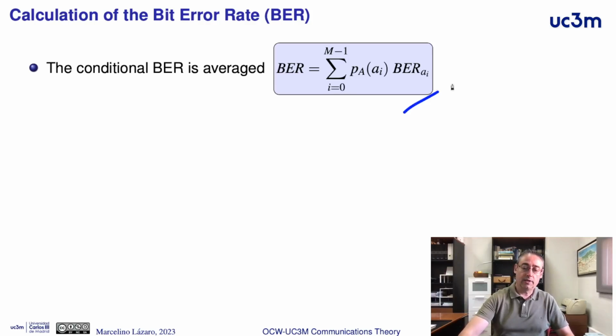Similarly, as for the symbol error rate, the bit error rate is obtained by averaging the conditional bit error rates, the bit error rates that we have when we transmit a given symbol.